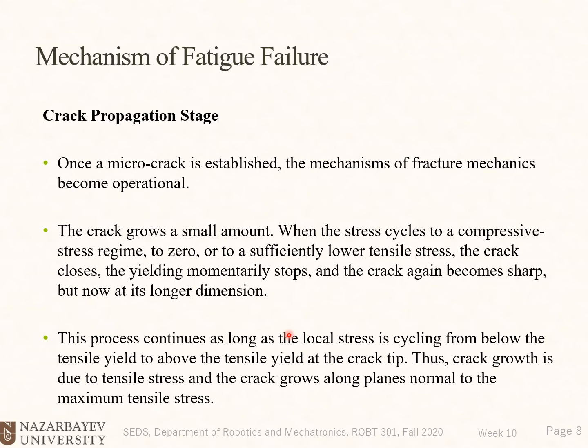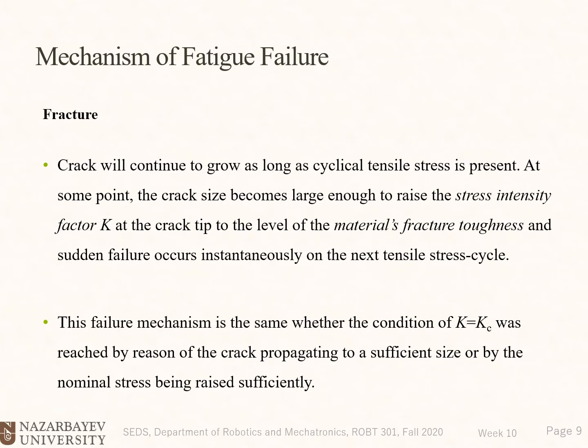Then when it goes to the positive cycle, because we have a stress concentration and the stress goes beyond the yield strength, crack again develops and then again goes to the negative cycle. So we have this positive feedback from the tip of the cracks, and the crack propagates. And finally, we have fracture.